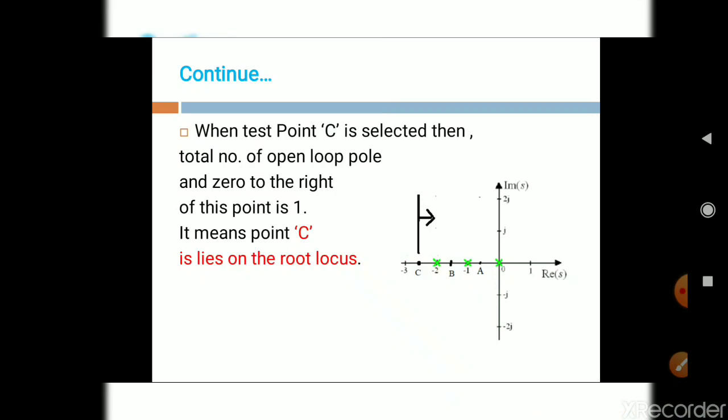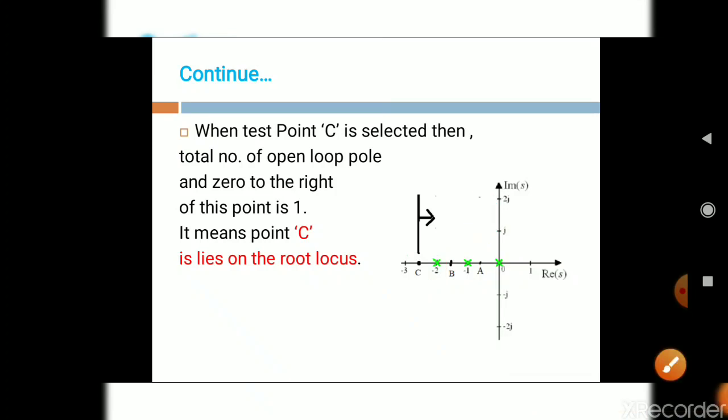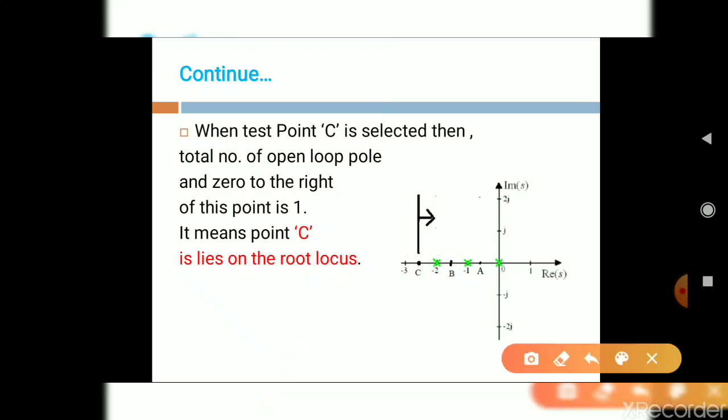Now do the count from this point C. Here 1 pole, 2 poles and 3 poles, so towards the right side 3 poles are present from point C. This number 3 is odd. So the root locus may lie from -2 onwards up to infinity. Okay, so in this region again the root locus may be present.